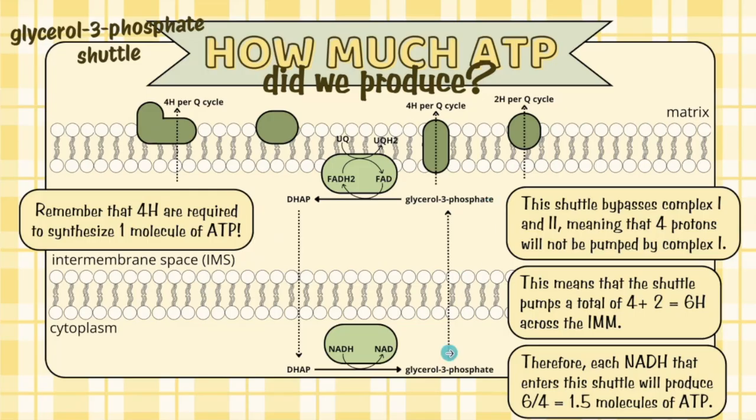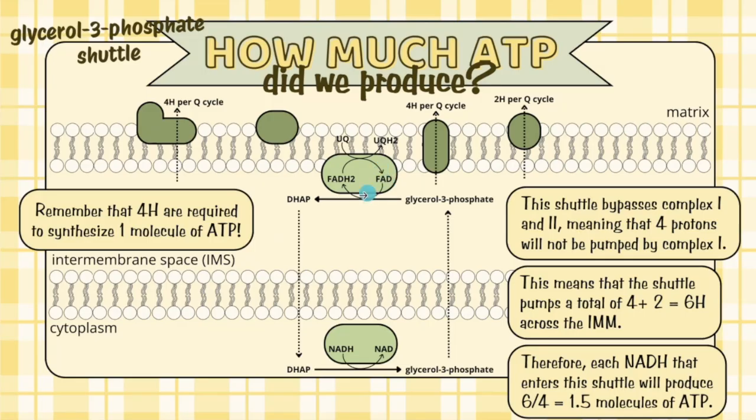Glycerol 3-phosphate will be oxidized back to DHAP, and it will donate its electrons to FAD. These are the same enzyme, glycerol 3-phosphate dehydrogenase, but the one in the cytoplasm uses NAD, and the one in the inner mitochondrial membrane uses FAD.